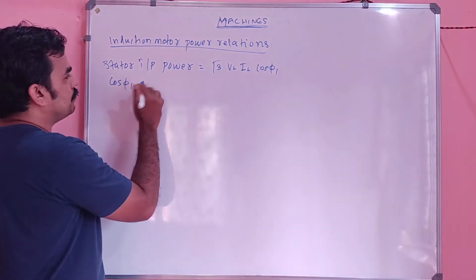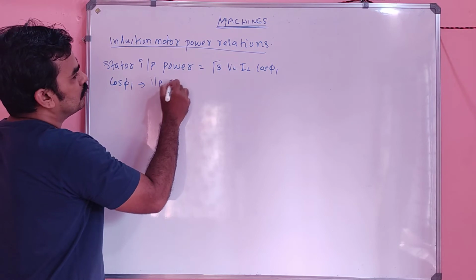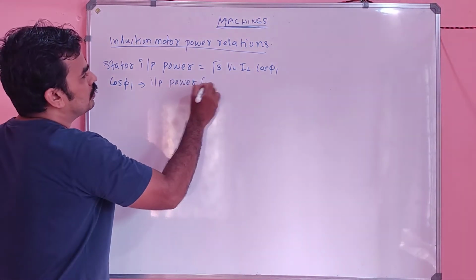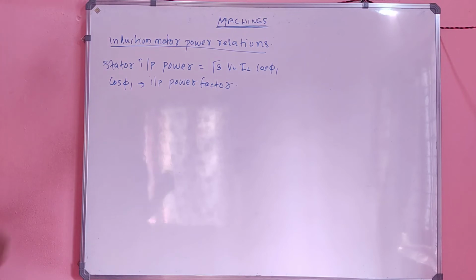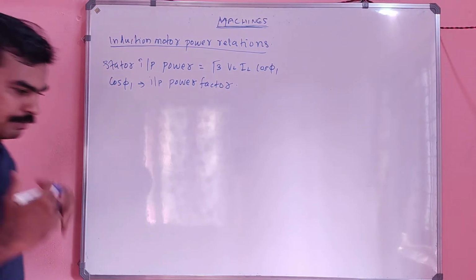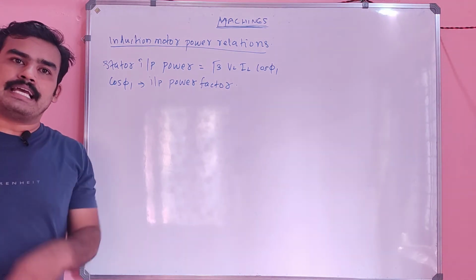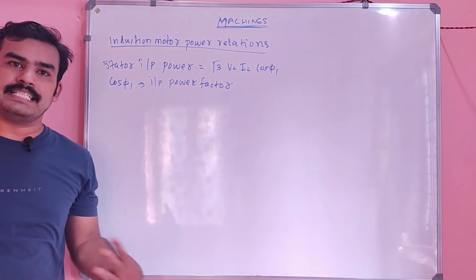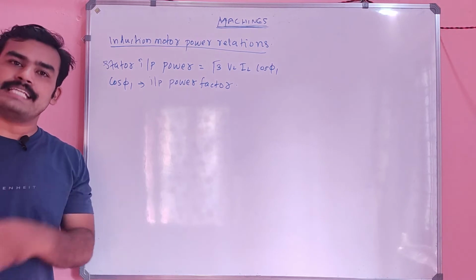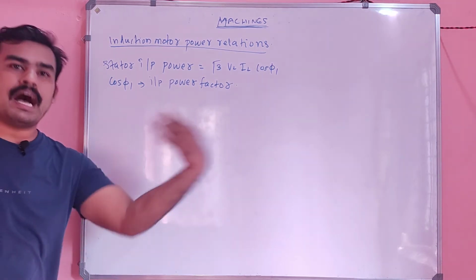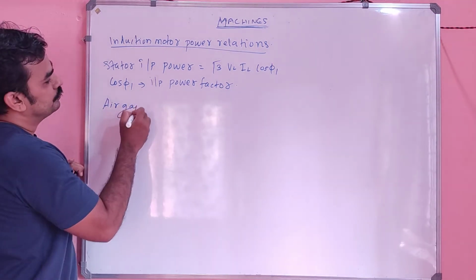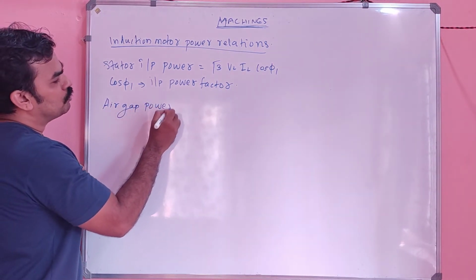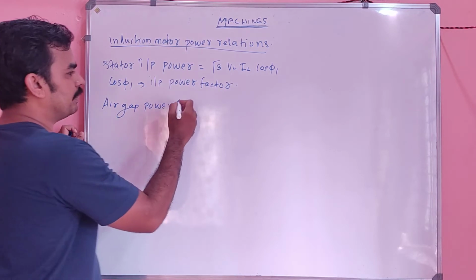Cos phi 1 is nothing but the input power factor. So this is the input power. From the input power, I already told you that there are some losses, right? There are some losses in the stator copper and stator iron loss, and after that there is some air gap power, or as I told you, the rotor input power, right?